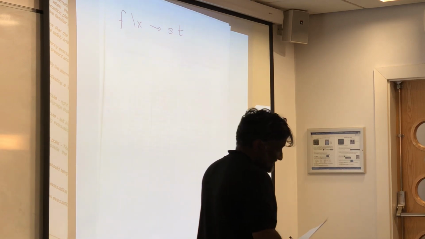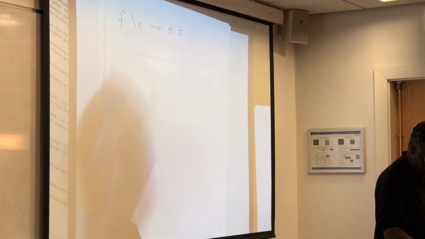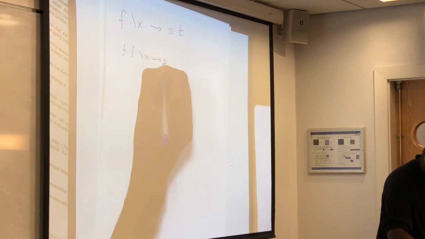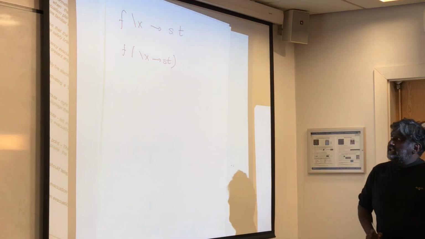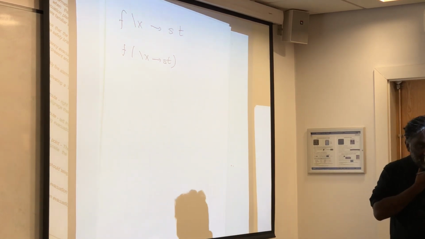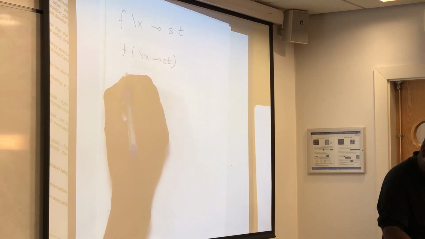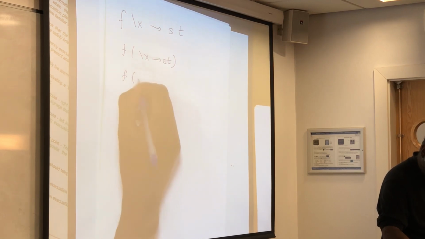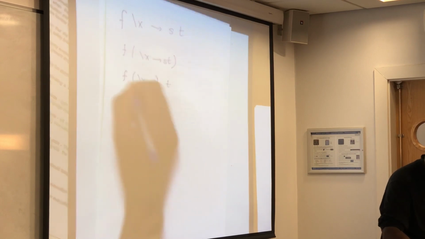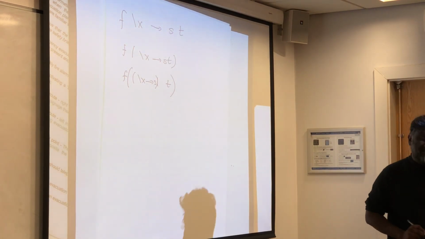How many possible ways? Well, this could be f applied to, take x as input and then return s applied to t. This could be f applied to lambda x arrow s applied to t like that.